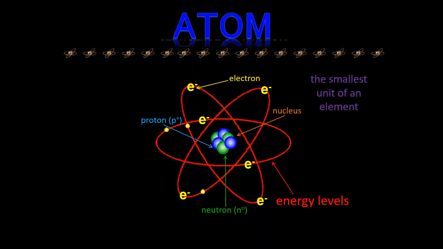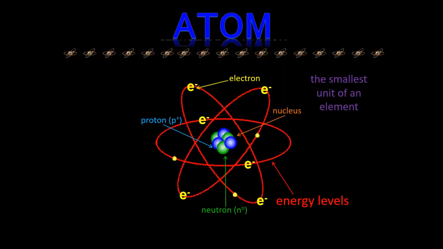Okay? Now, in order for something to be an element, it has to be an atom. You have to have an atom in it. So it has to have a nucleus and electrons. If you have just a proton, you really don't have an element. If you have just a neutron, you don't have an element.